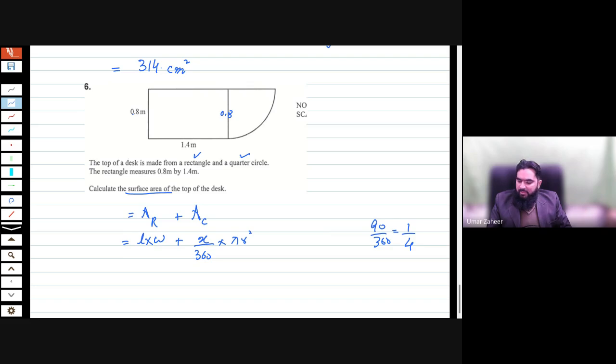Otherwise, you can use the same formula, 90 divided by 360. All right, let's substitute the values. It is 0.8 multiplied by 1.4 plus 90 divided by 360 into pi r square, that is 0.8 square. What is the final answer?